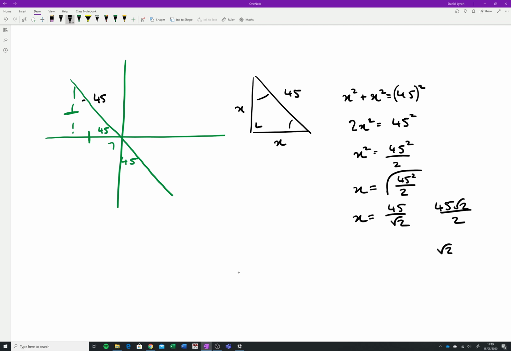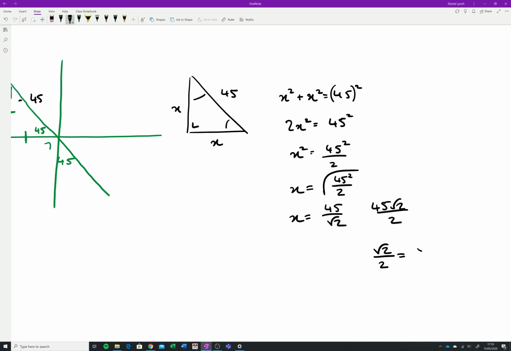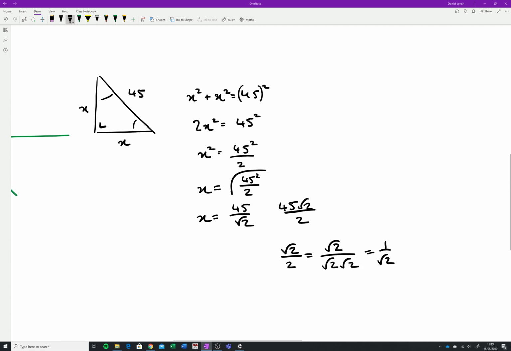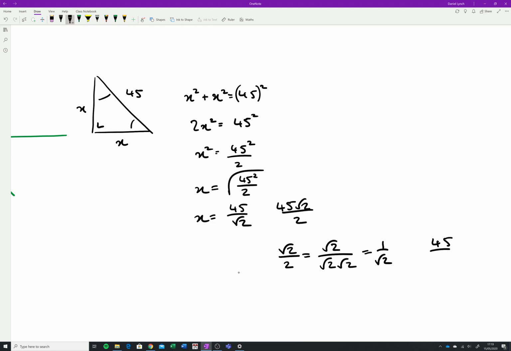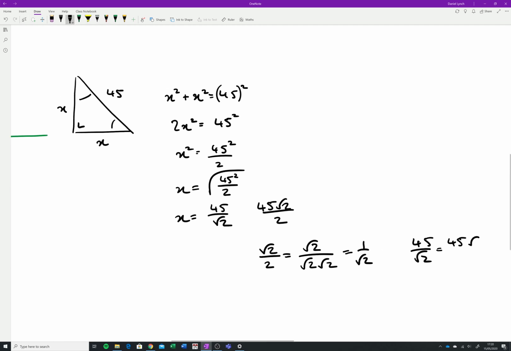But just to be clear, root 2 over 2, this is root 2, and 2 is root 2 times root 2, so it's the same as having 1 over root 2. So if you've got 45 over root 2, this is the same as having 45 multiplied by root 2 over 2.